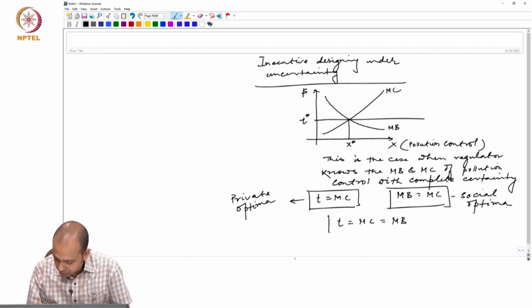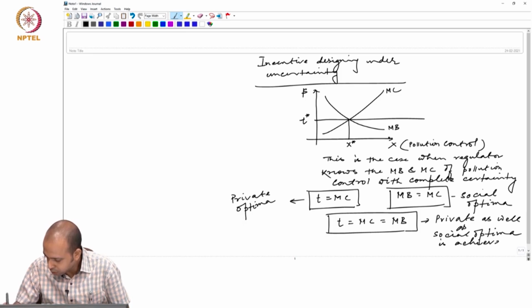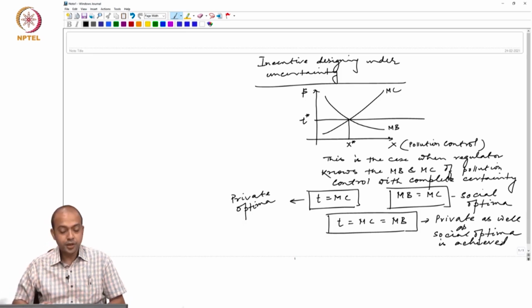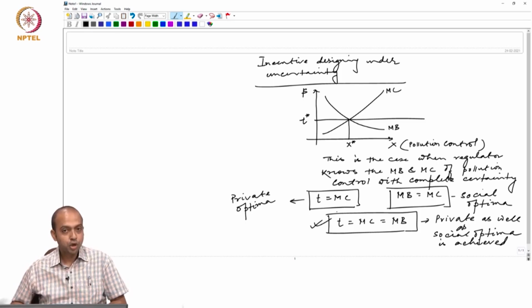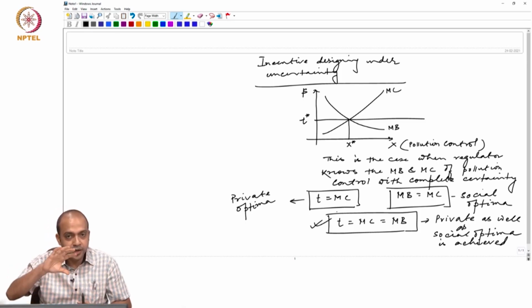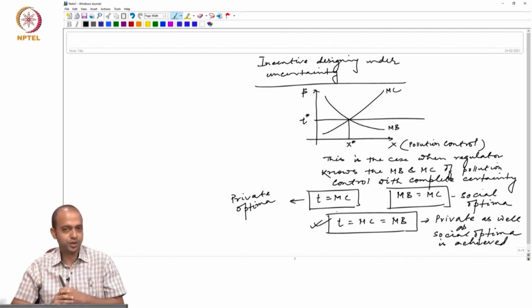So, this is the point where private as well as social optima is achieved. Now, you have to keep one thing in mind, that we require only this condition to happen, T equals MC equals MB, because if you recall, the entire purpose of incentive design is to align the private objective with the social one.